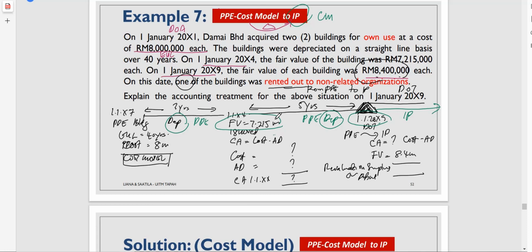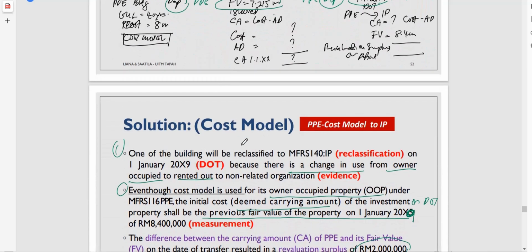So you need to take into consideration the fair value changes that happen throughout, even before the date of transfer, since you are using revaluation model.